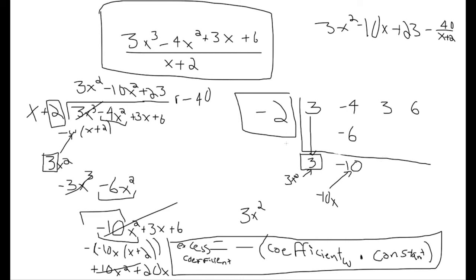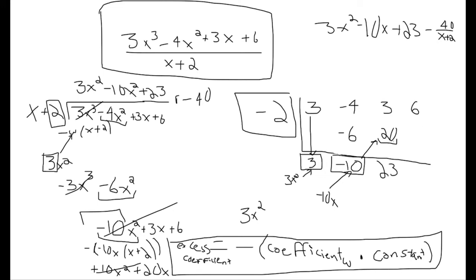Okay, so then we would just do the same thing as before. We know this old w. Now this is the old w, right? Before, this was the old w, but now this is the old w. It's going to multiply by this negative 2 to get positive 20. Okay, so then we get 23. So we add these together. What I just did was I said, okay, we can get the next excess term's coefficient by multiplying the old w by the constant, or by the negative of the constant, sorry. And that produces the excess coefficient, right?